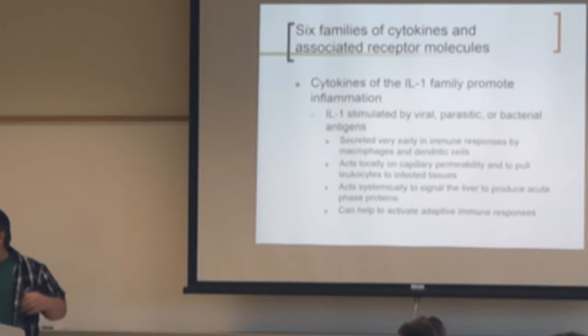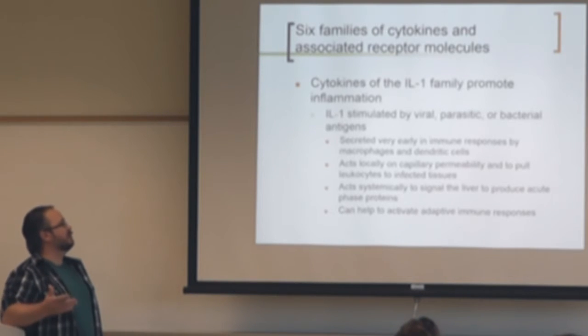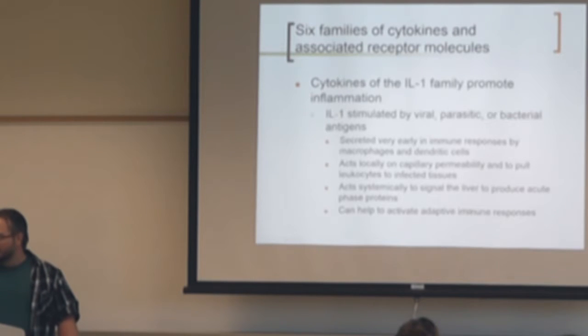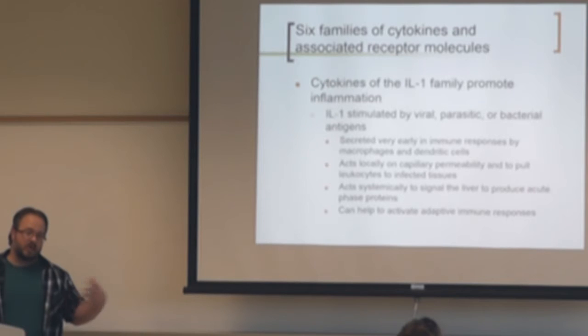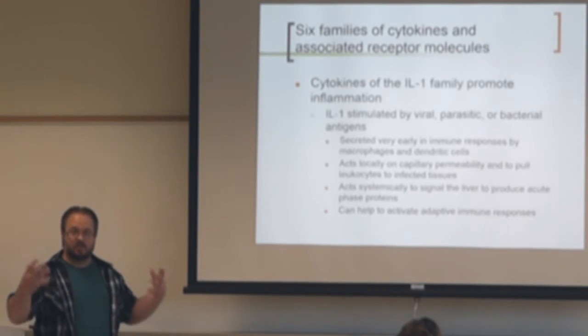So the IL-1 family promotes inflammation. Again, that's the key factor to remember here. What the book doesn't talk about is that long-term IL-1 can cause chronic effects, and it can have negative effects. What do I mean by chronic effect? If you have IL-1 cells secreting IL-1, it's an acute event.